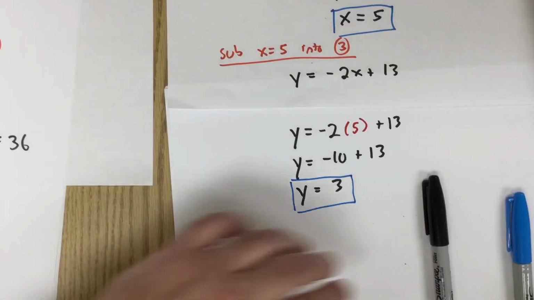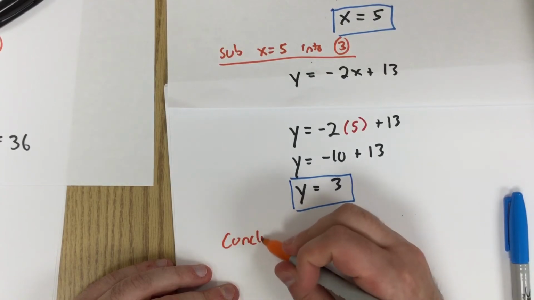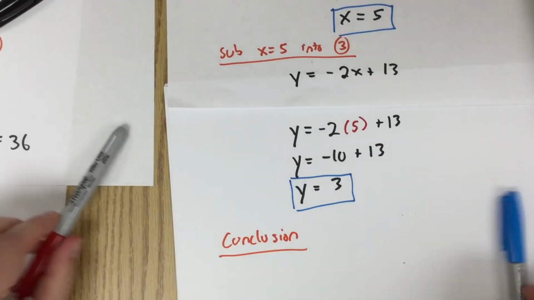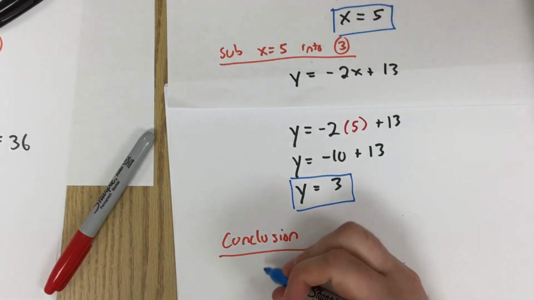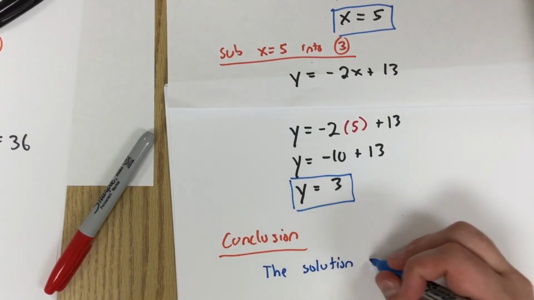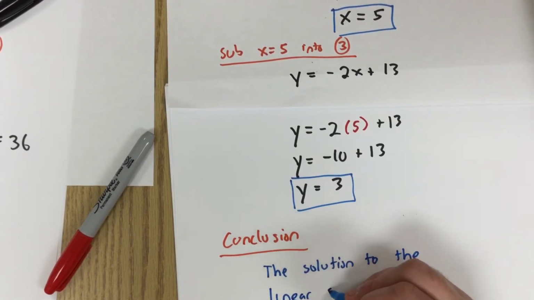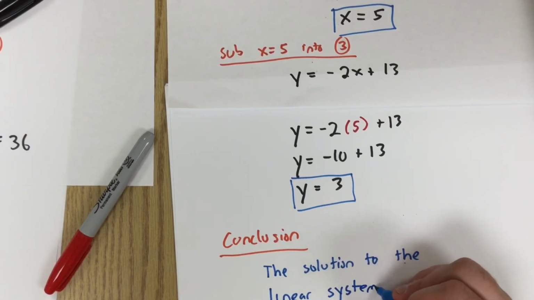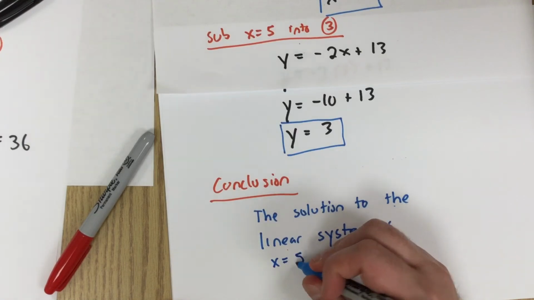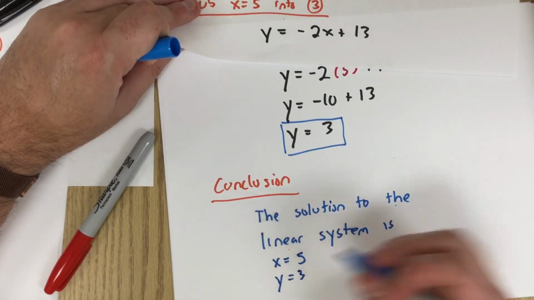And then we just have to have our conclusion now. The conclusion is not a subtitle you need, but the conclusion is the solution to the linear system is x equals 5 and y equals 3.